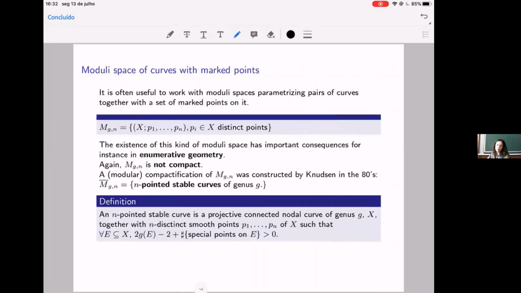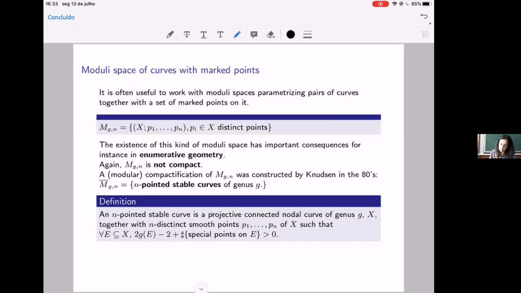Okay, so now let's move to the moduli space of curves with marked points. So what are we doing now? We will enrich our problem by considering not only curves, but we will try to parameterize along with the curves distinct points in the curve. This is often useful from different points of view.